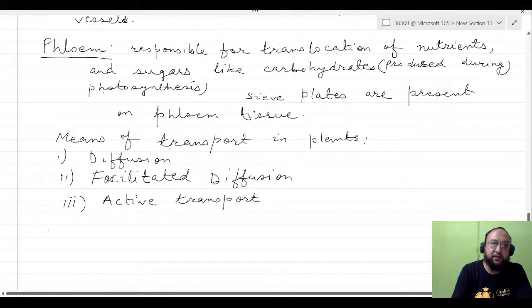What is diffusion? And how is it involved in the transportation of substances in plants?